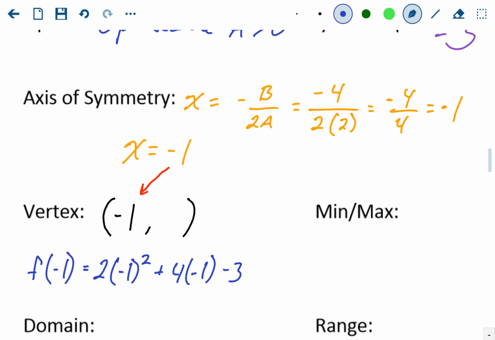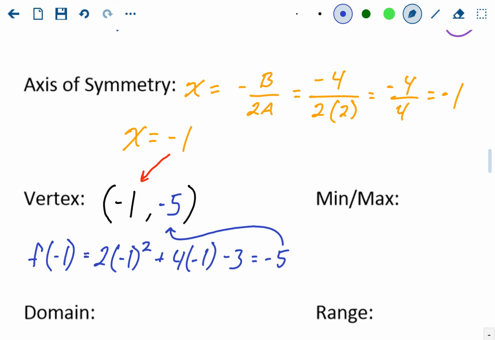Wherever you see x in the original function, we plug in negative 1. You simplify that, and you get 2 minus 4 minus 3, that's negative 5. So our y value is negative 5.